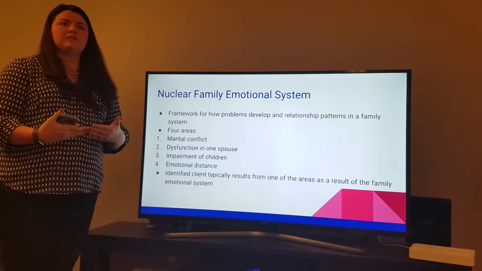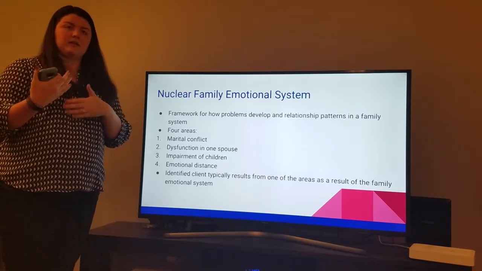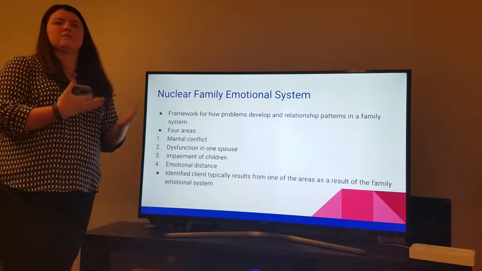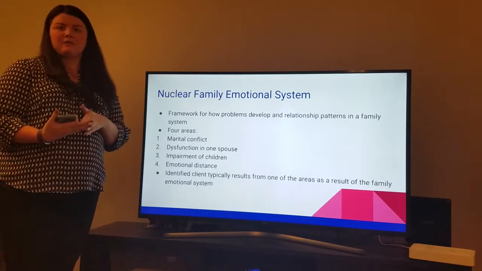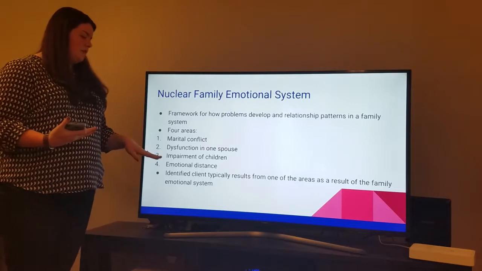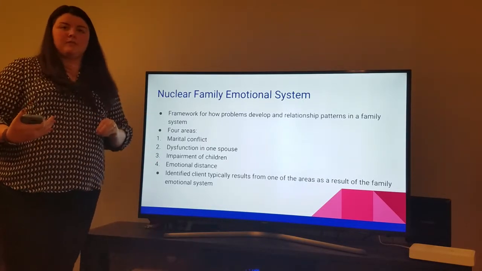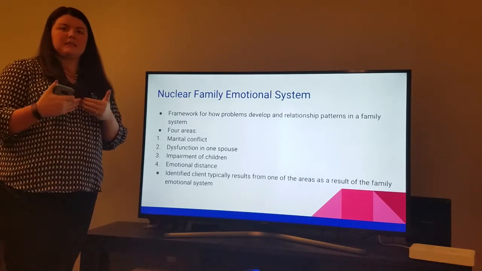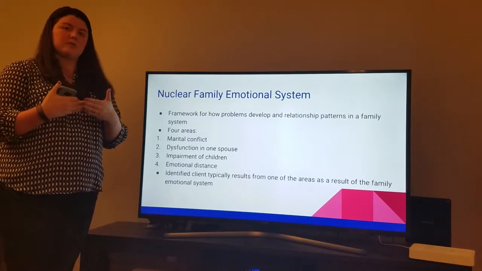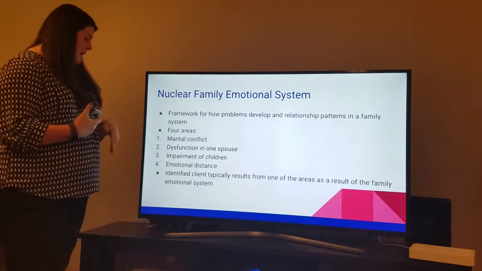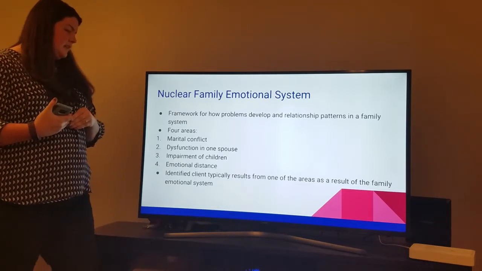This can cause the child to then think something is wrong with me, and it can result in the parents acting as if there was actually something wrong with the child. This is where we see a lot of the children that end up getting blamed, well, they're the problem. And it's mainly because the parents don't want to deal with their own stress. And the last one is emotional distance.